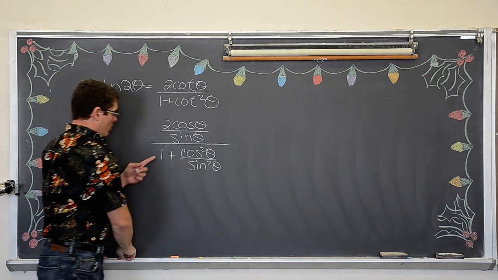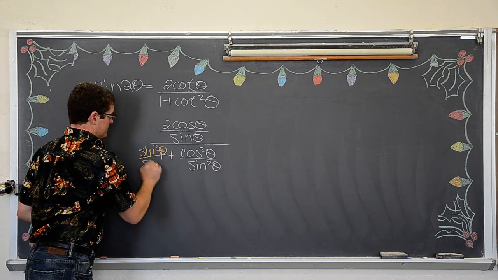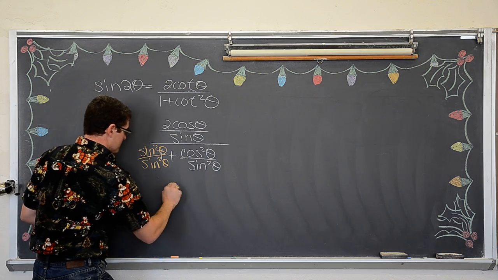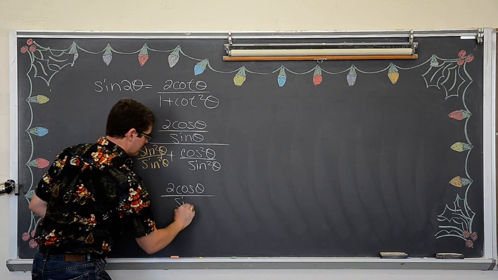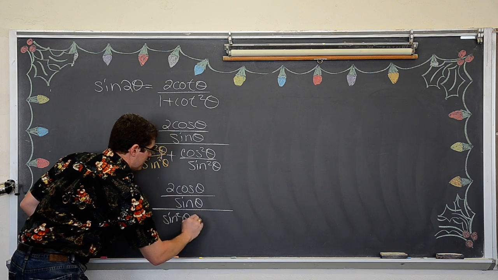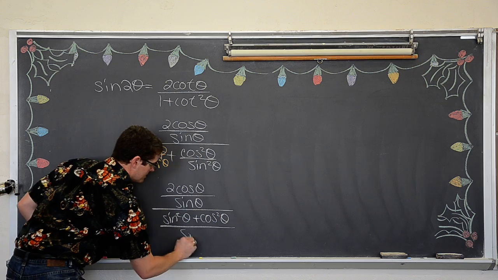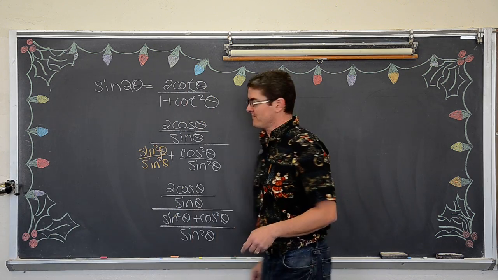So we're going to take 1 and make it sine squared theta over sine squared theta. And that is going to become 2 cosine theta over sine theta over sine squared theta plus cosine squared theta over sine squared theta.